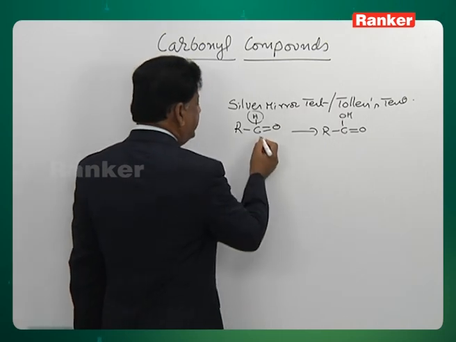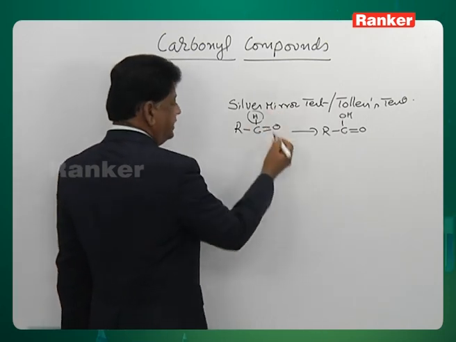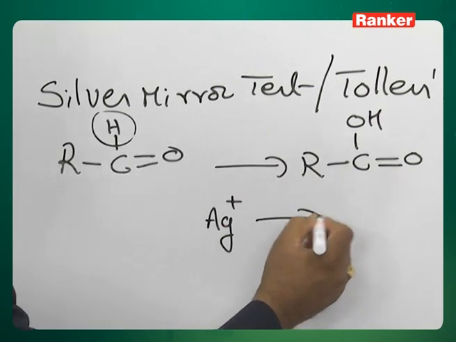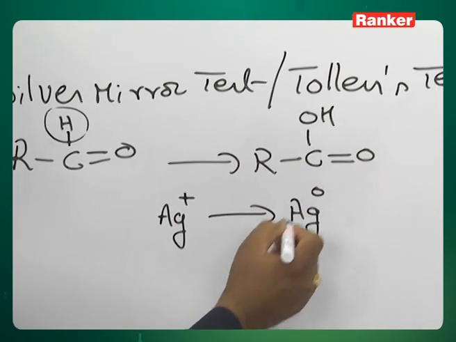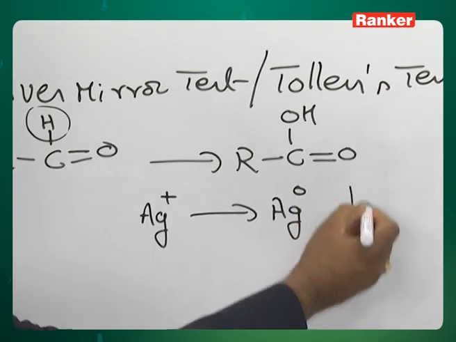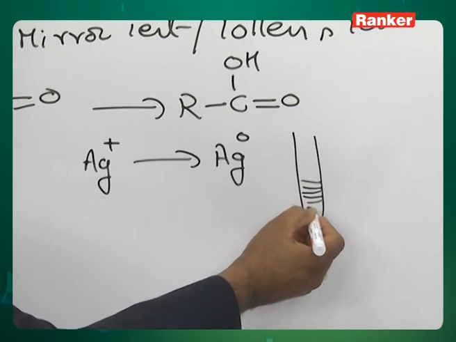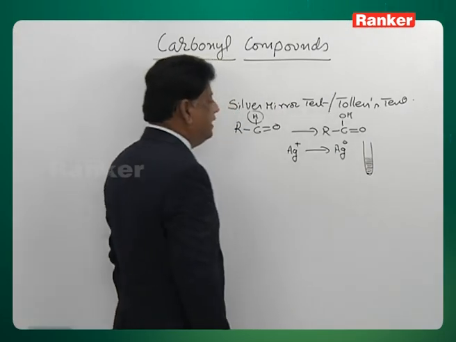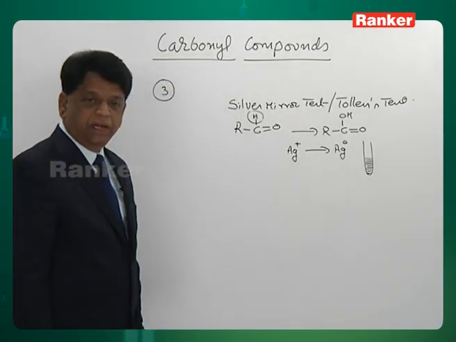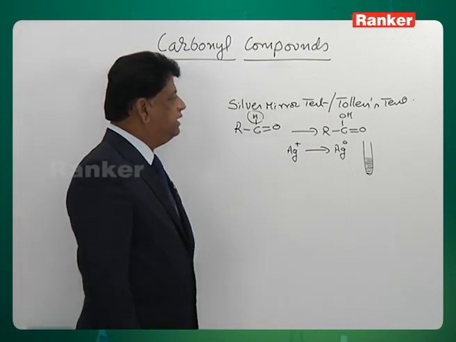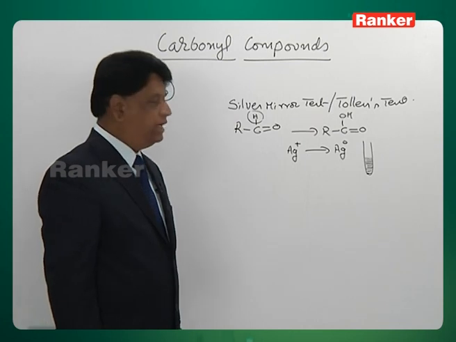That is why aldehydes can reduce the reagent. The silver in the reagent reduces to silver 0. The reduced silver is deposited, attached to the inner walls of the test tube, and it looks like a mirror. Therefore the test is commonly known as the silver mirror test, but by name it is called the Tollens test.